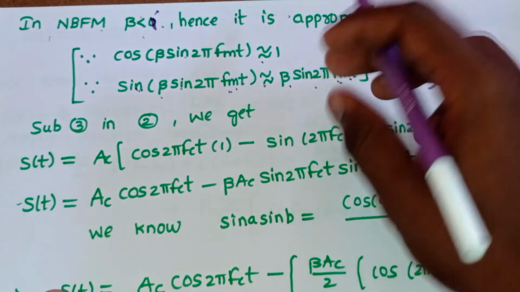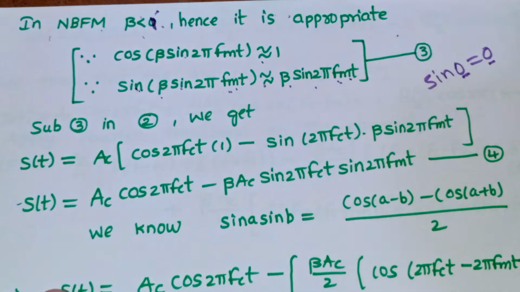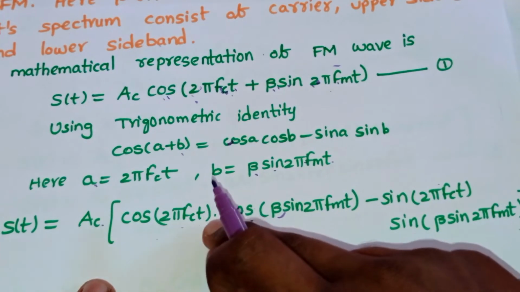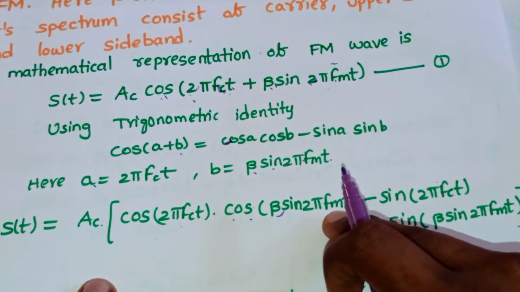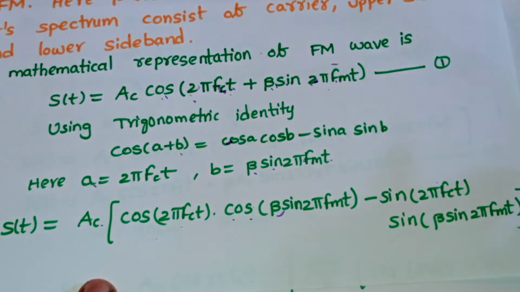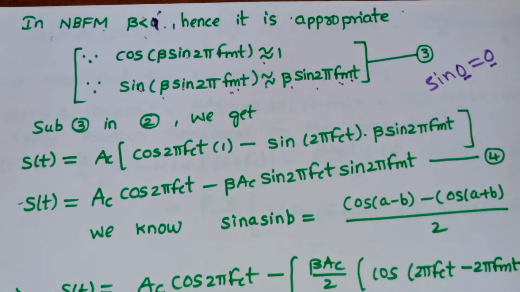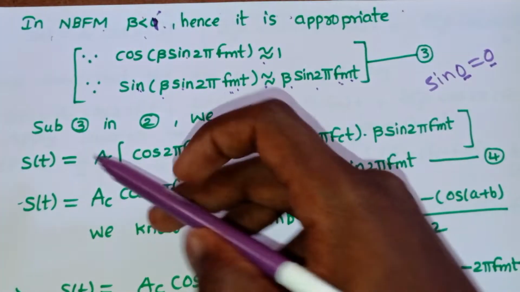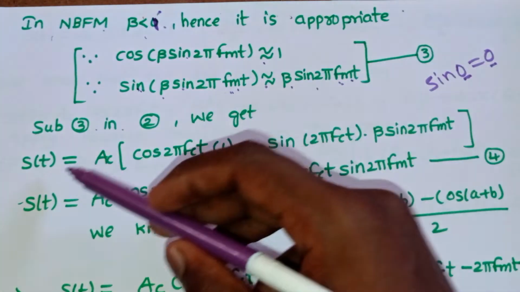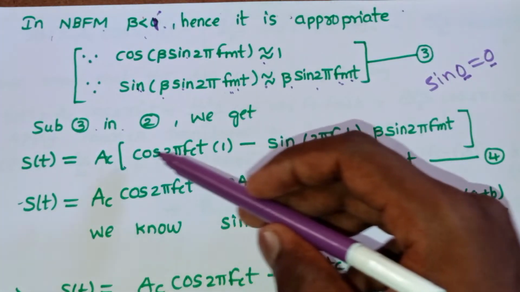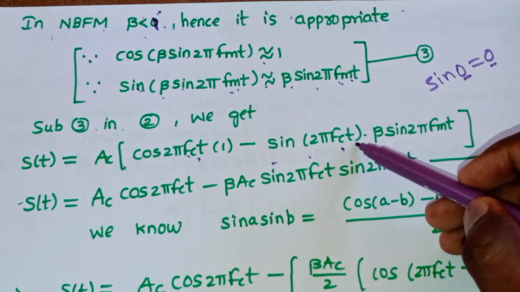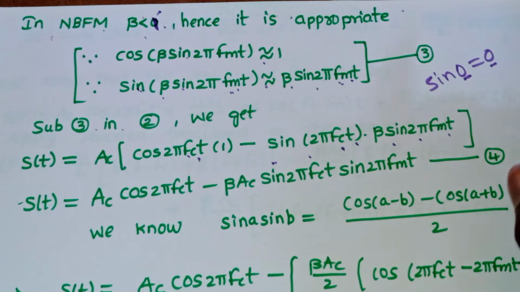Now substitute these two terms in this equation. That is, S of t is equal to Ac cos 2 pi fc t cos of beta sin 2 pi fm t minus sin 2 pi fc t sin of beta sin 2 pi fm t. Substituting equation 3 in equation 2, S of t is equal to Ac times cos 2 pi fc t minus sin 2 pi fc t times beta sin 2 pi fm t.